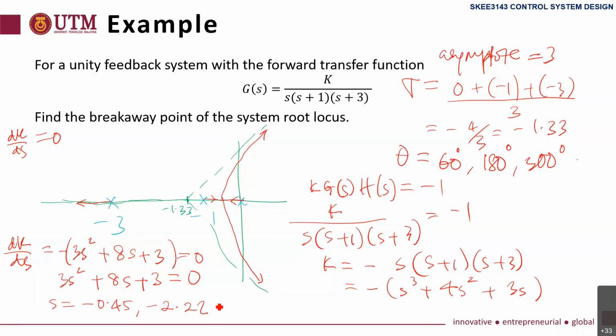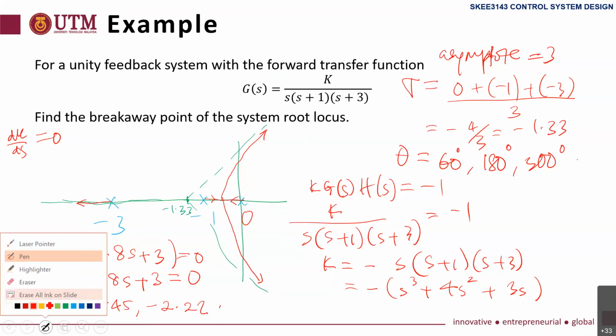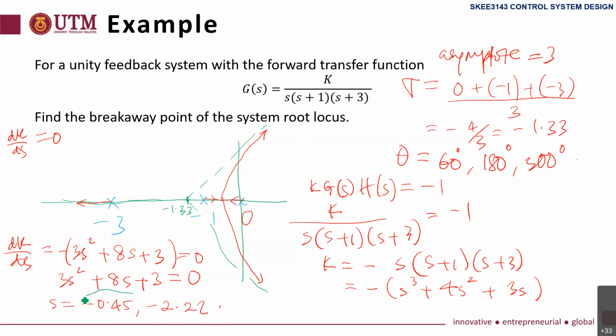From here, we know that the breakaway point is between 0 and minus 1, so it must be the first one, minus 0.45. This is the correct breakaway point. Minus 2.22 is not valid.